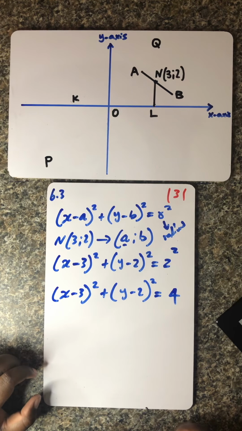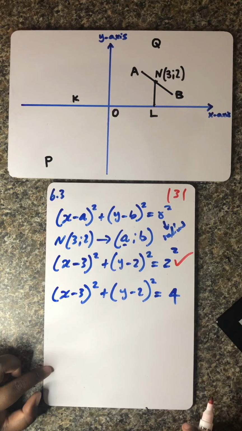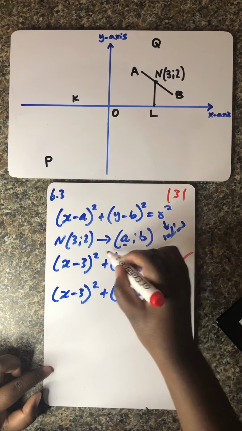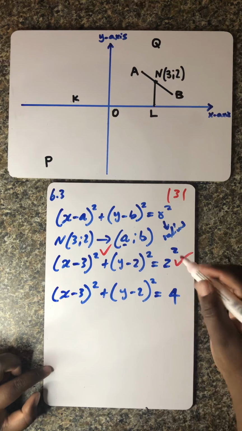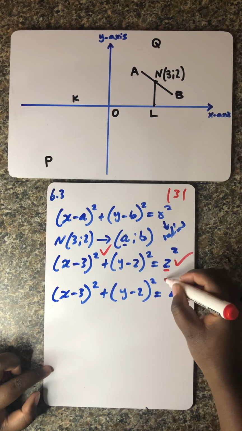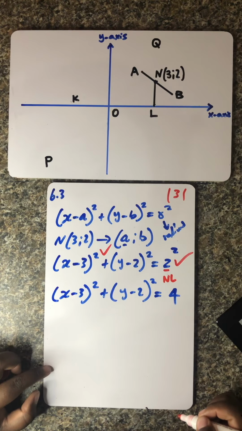Very, very important, ladies and gentlemen. So I think for correct substitution, this is where you can score your mark. Actually, for correct substitution on that side of the equation, and again they can give you a mark for having noticed that your radius, which is NL, is equal to 2 units.